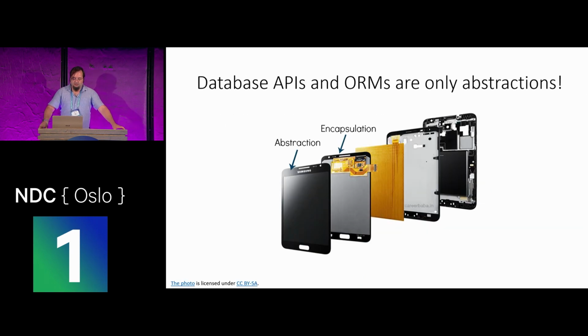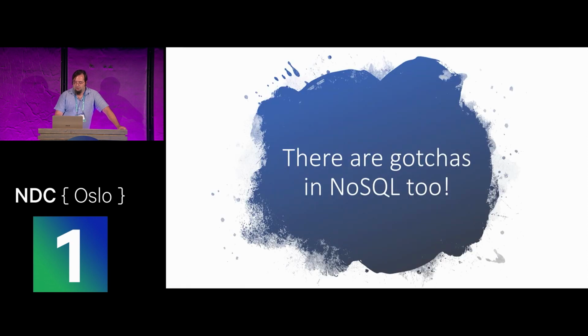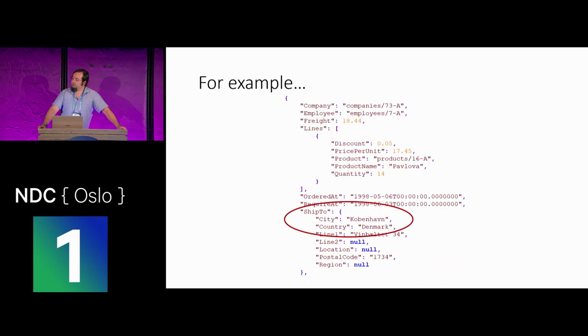In general, the first thing that we should remember when we look at databases, database APIs and ORMs, and when you talk about databases and think about database functionality, is that it's only a facade, a very thin facade that has lots of moving parts behind it. And if you do not take into account some of the moving parts, there may be gotchas. Here is an example of a gotcha that is not in a relational database.